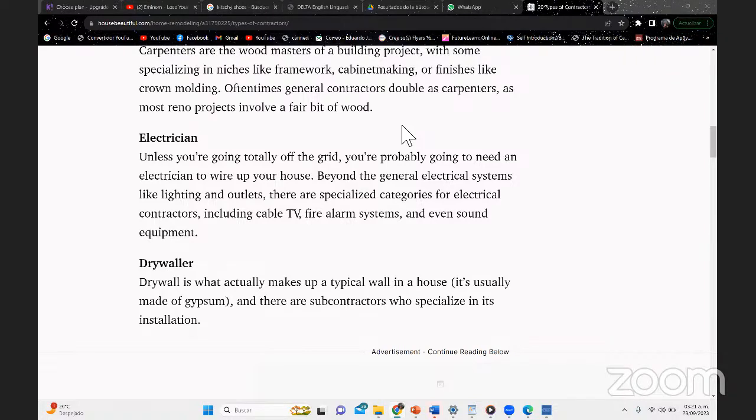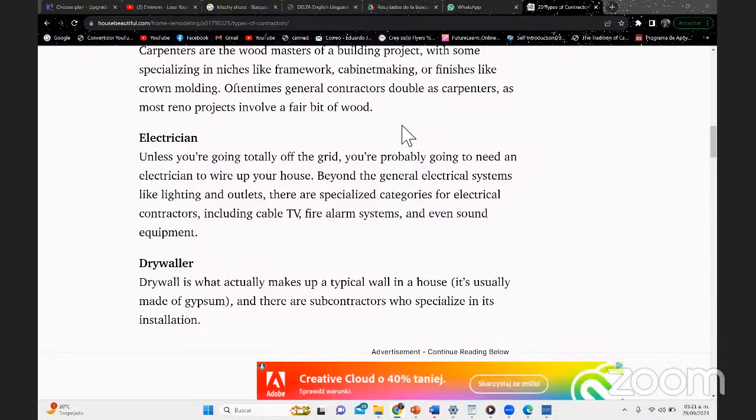Beyond the general electrical system, like lighting and outlets, there are specialist categories for electrical contractors, including cable TV, fire alarm systems, and even sound equipment.